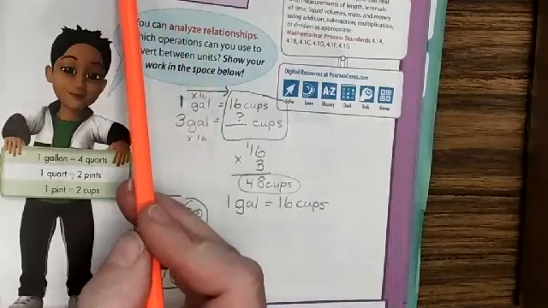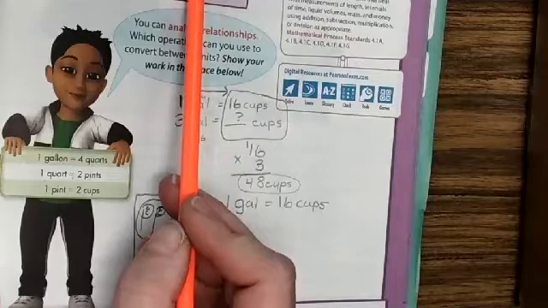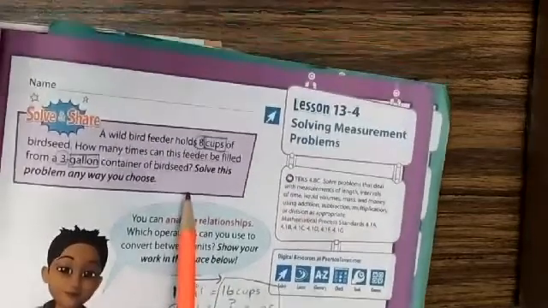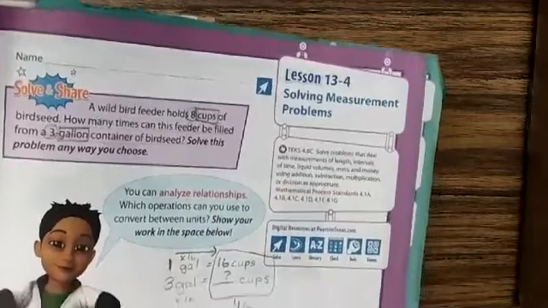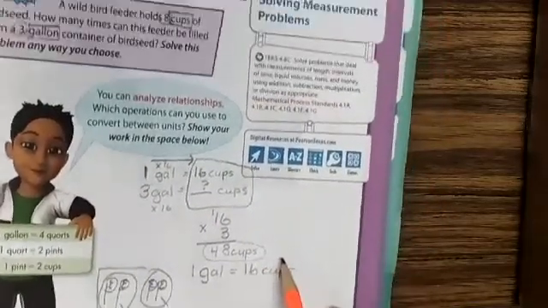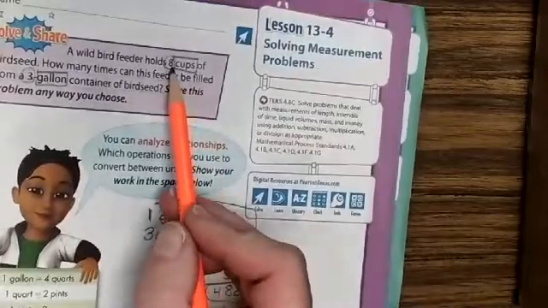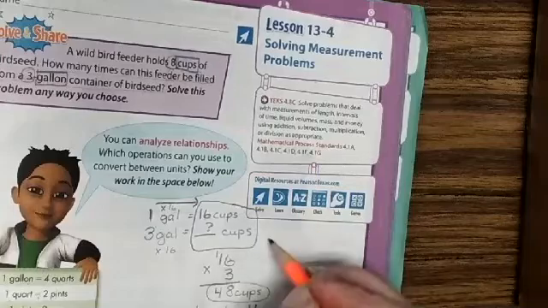I remember the wild birdseed feeder holds 8 cups. So they want to know how many times can they fill it using 8 cups. So we have not answered our question yet, because we found out that we have 48 cups of birdseed, but we need to know if the bird feeder holds 8 cups, how many times can we fill it?